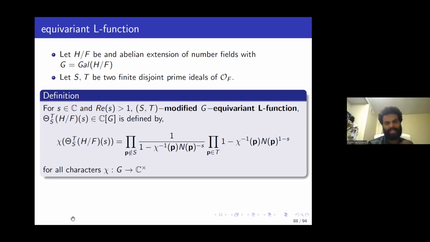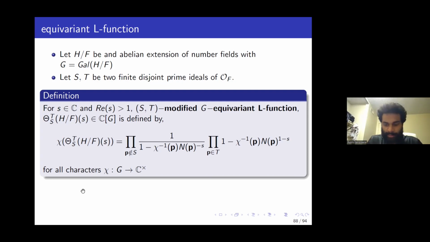It's still an analytic object, but a little more complicated than the Dedekind zeta function because this group G is involved. As you can see, we are combining algebra and analysis. G is the group of symmetries, and now we mix it with analysis. We want the L-function, the analytic object, to see the action of this group of symmetries.